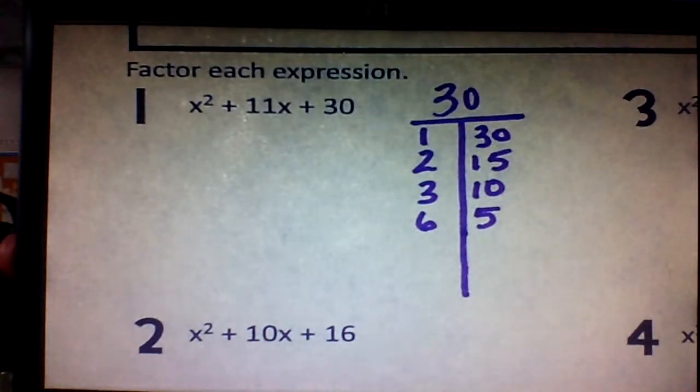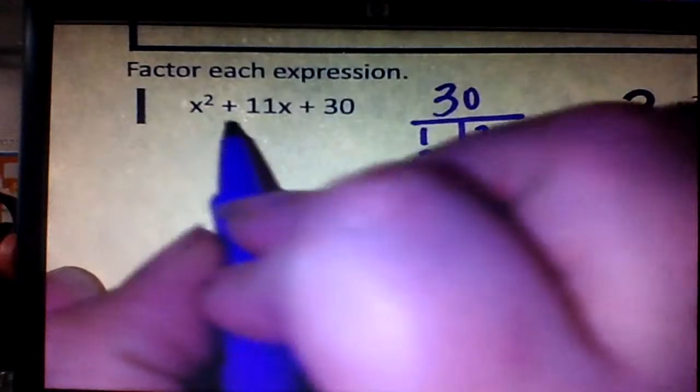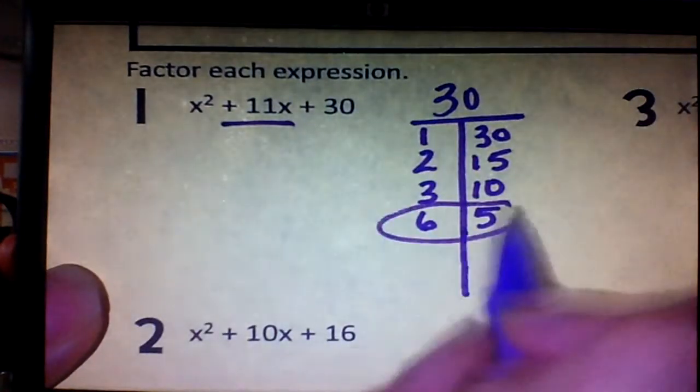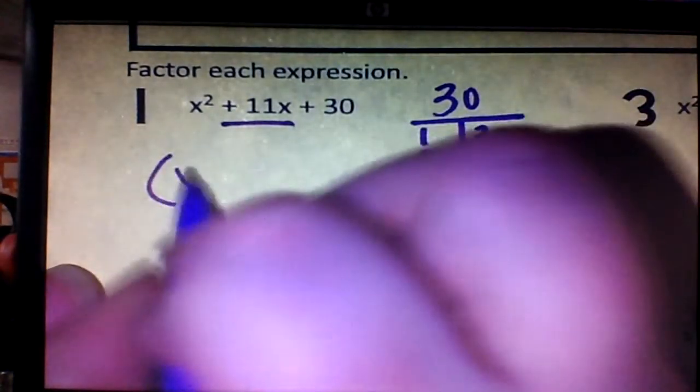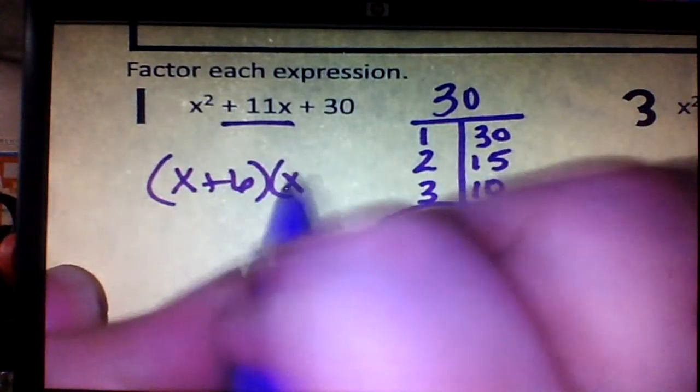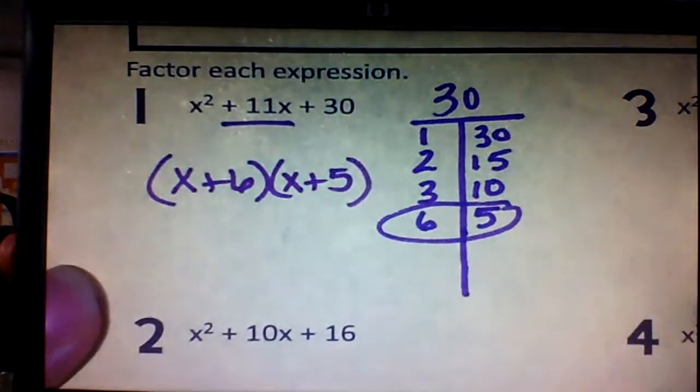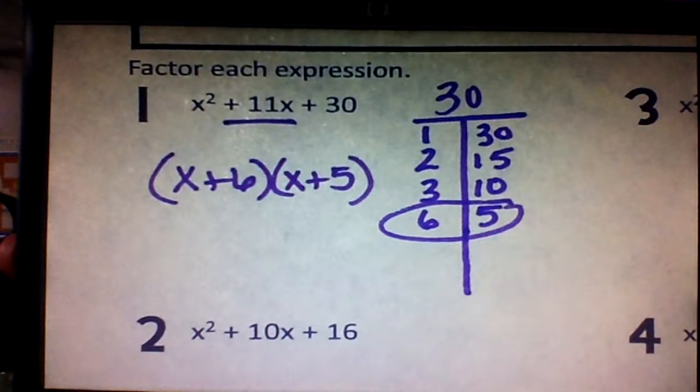Anything else? No. What am I trying to add to get? 11. So which ones are we choosing? 6 and 5. So x plus 6, x plus 5. So it is a lot easier when my C value is positive because I don't have to worry about which one's negative, which one's not.